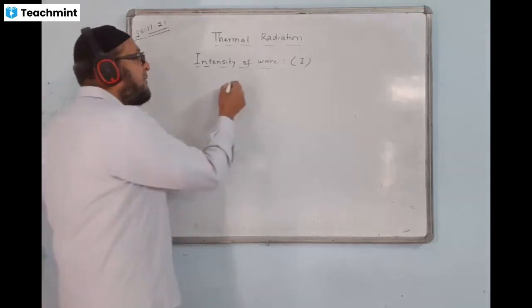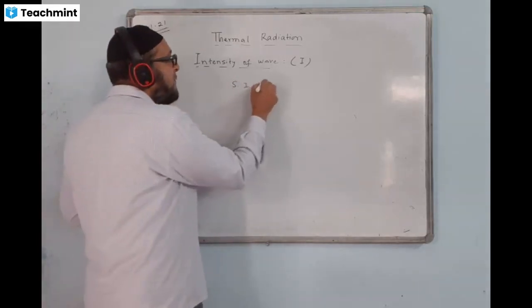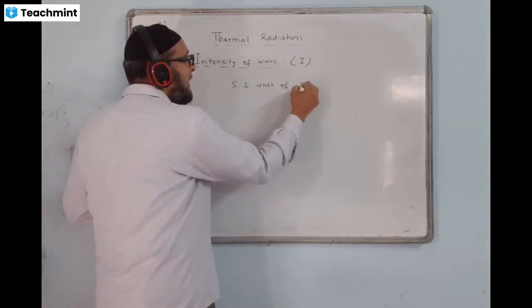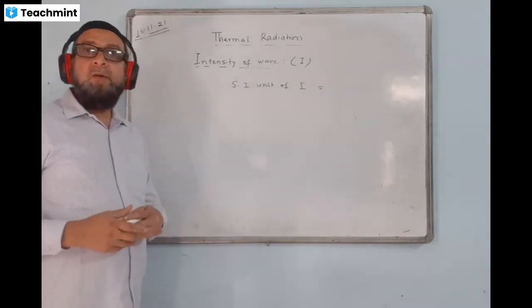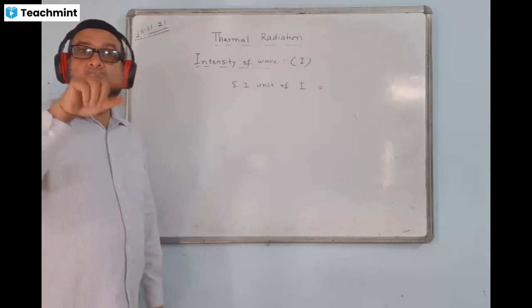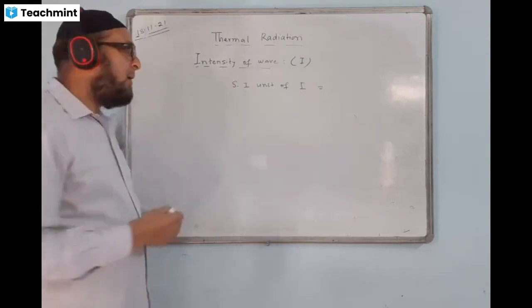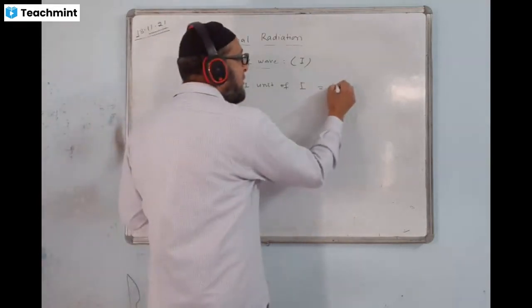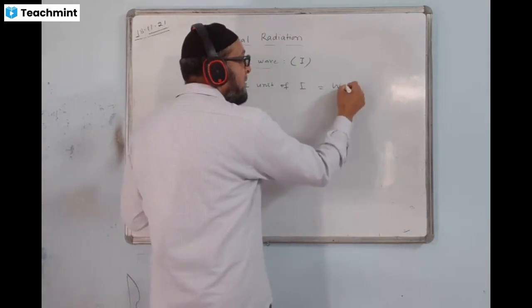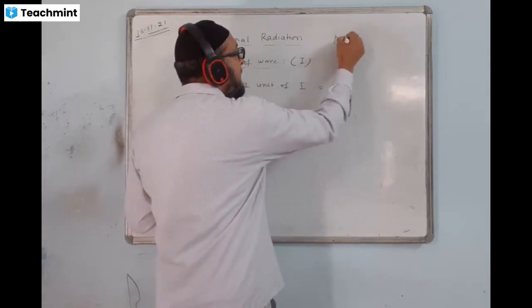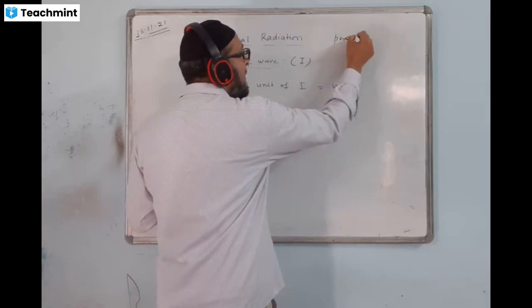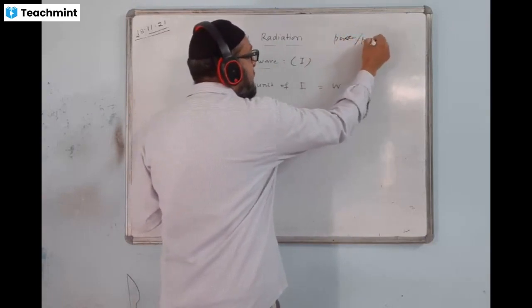The SI unit of intensity will be energy per second, that will make watt, that is power, per meter square.